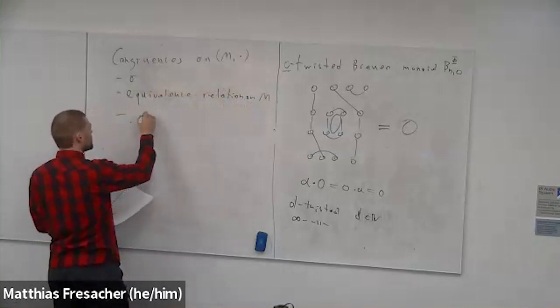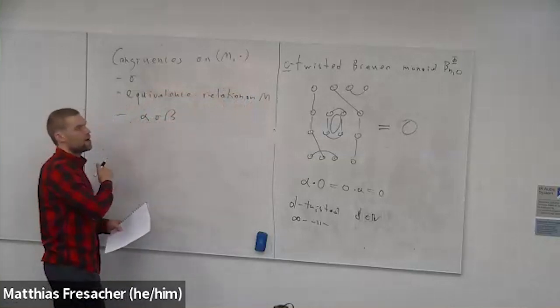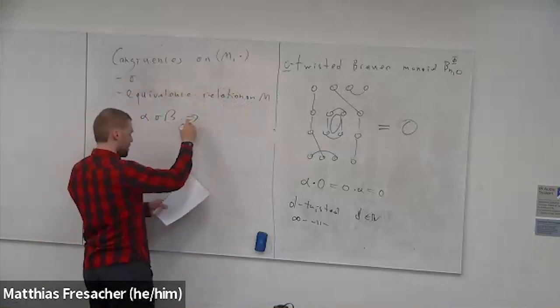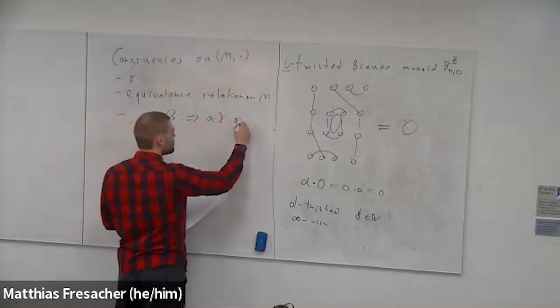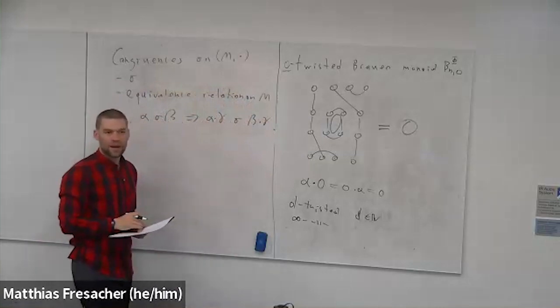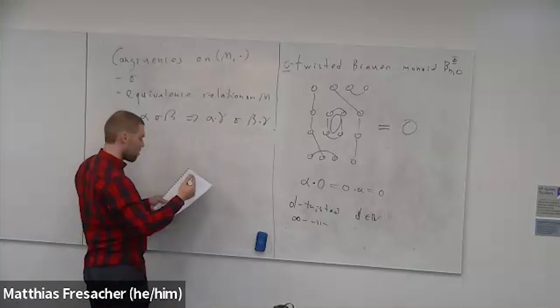So specifically, if I take two diagrams alpha and beta, if they are congruent, this is the word, then this implies that alpha multiplied by some gamma is also still going to be congruent to beta multiplied by that gamma. So I can multiply by anything on the right hand side, I'm still going to be congruent.